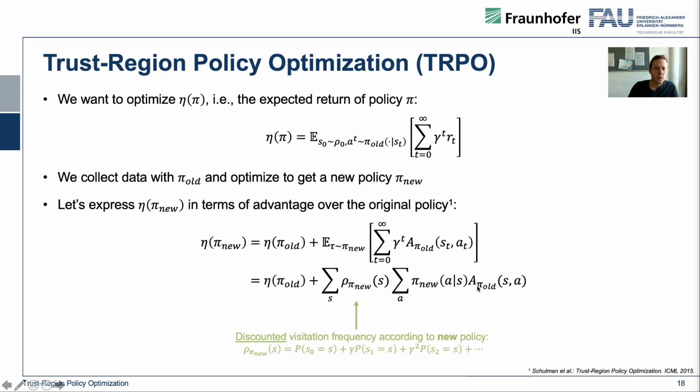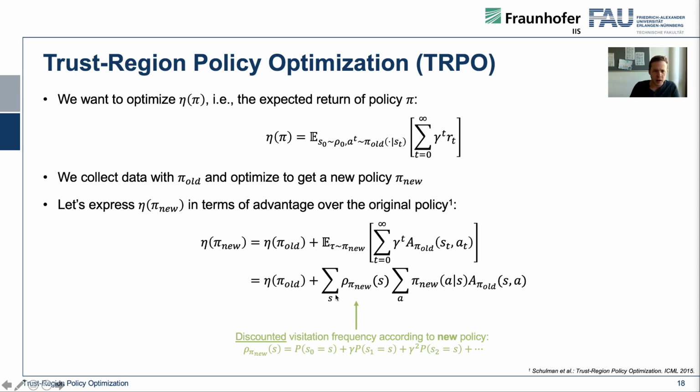And we can also reformulate this a little bit. This is quite the same. We come up with a new parameter rho, which is nothing else than the discounted visitation frequency according to the new policy.